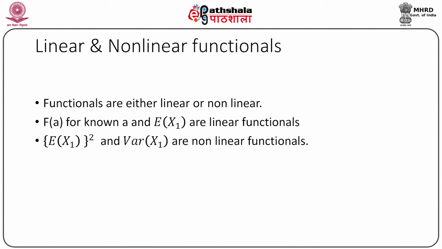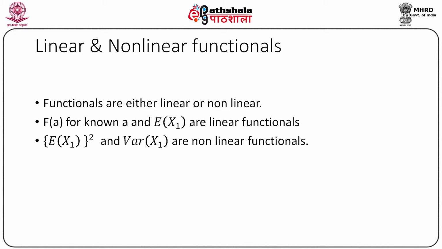Then it is easy to observe that the functionals already discussed in the examples are linear functionals. For example, in example 2 and example 3, we have discussed expectation of X and expectation of X square. So each of the functionals can be expressed as expectation of psi(X) for some function psi. Naturally, for example 2, psi is X, and for example 3, psi is X square.